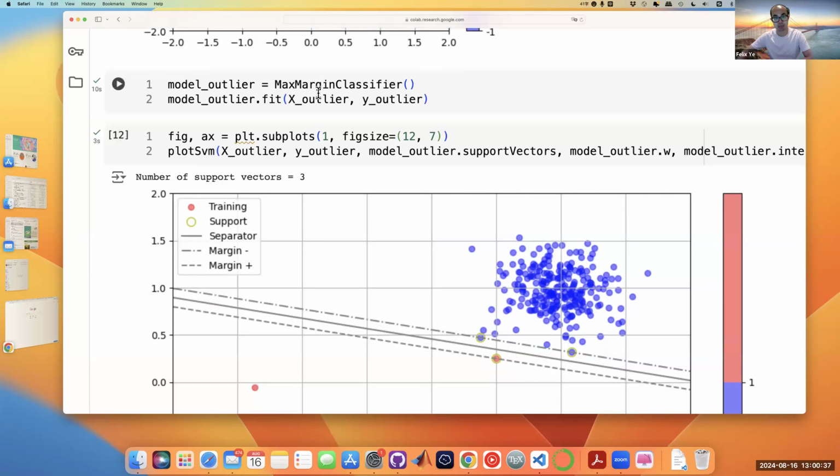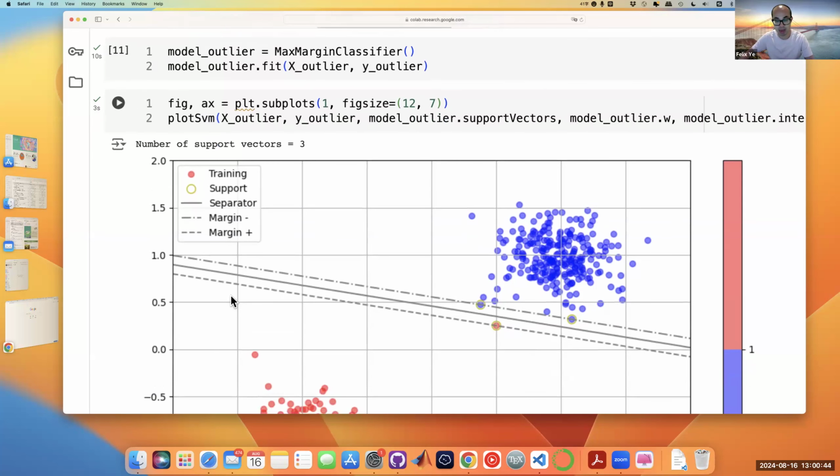You can still do this with the hard margin problem. You can see this is very bad, and this is my decision boundary right here. I still have 3 support vectors, 1 here and 2 over here. But in this case, your margin is super small. If I draw a line right here, this is not really an ideal situation.